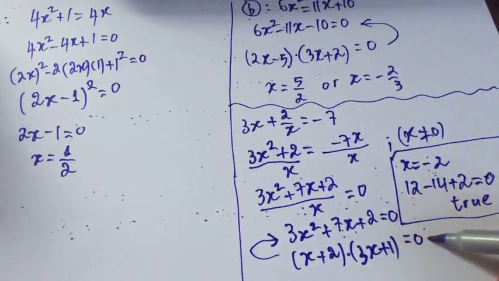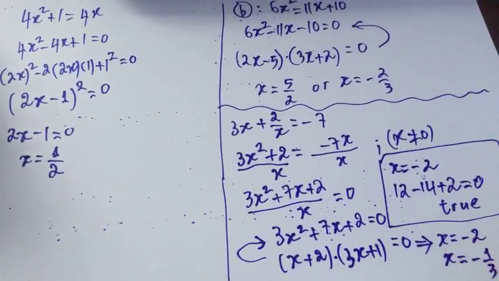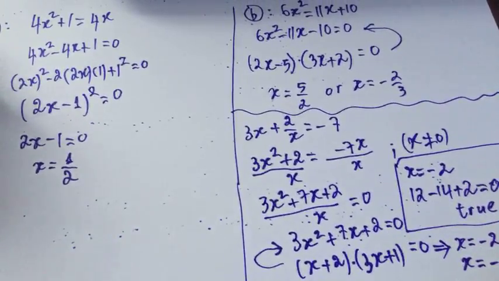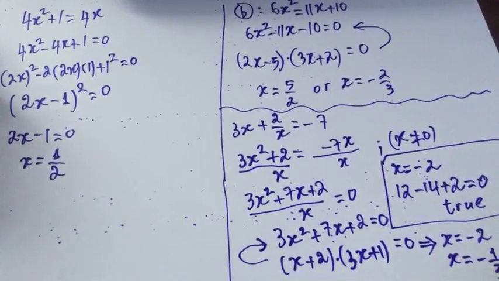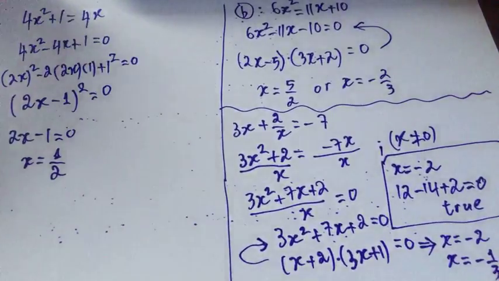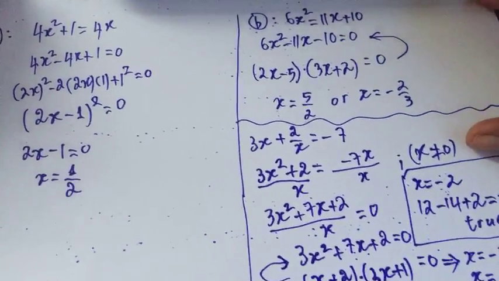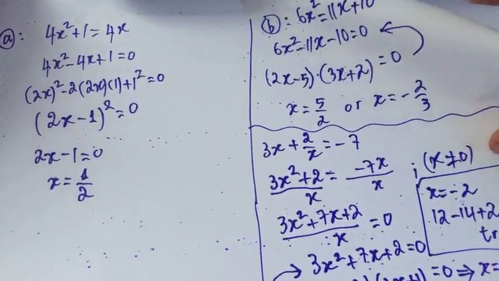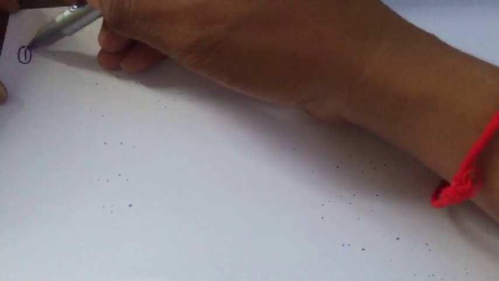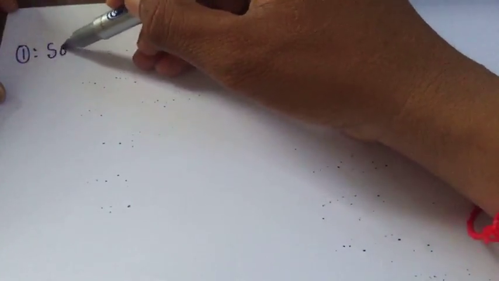And equal to 0, then x equals minus 2 or x equals minus 1/3. So this one is about the quadratic function by factorization. Now we move to the exercise. I will give a lot of exercises, but I think you can solve them.